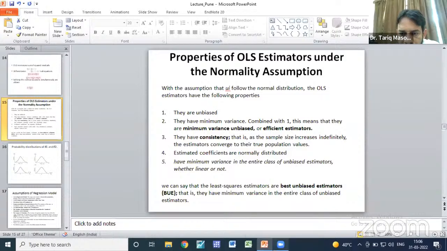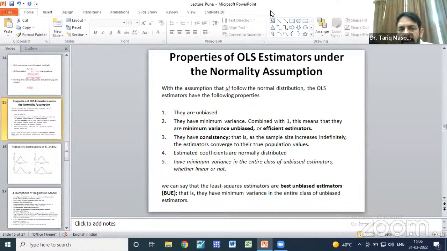Now I cannot see even the chat box here, there is some issue. Okay, now the chat box is visible. So what is the property of unbiasedness? All these things are part of basic statistics.